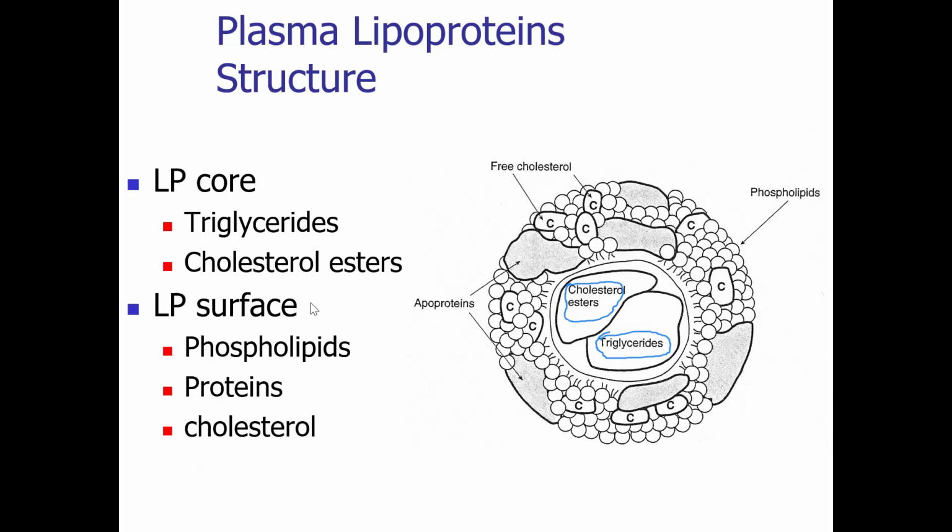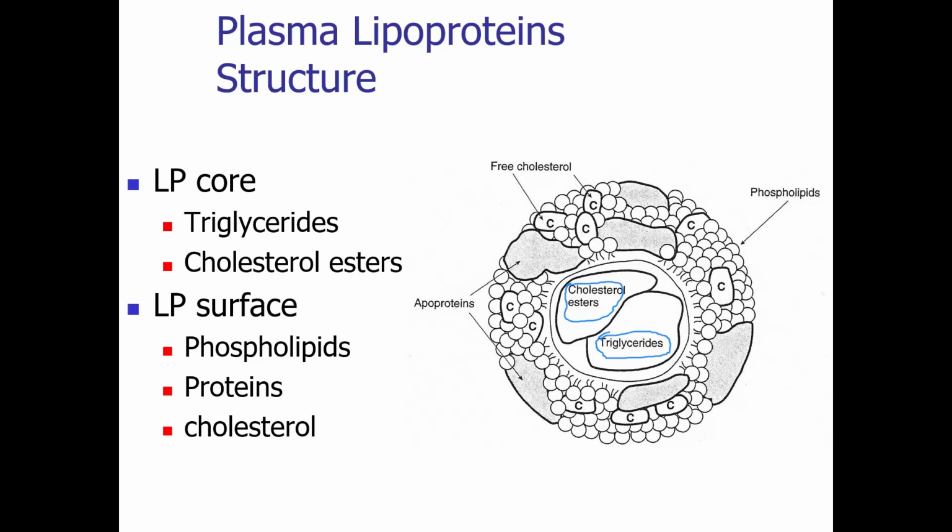Then after this, the surface of the lipoproteins is made of phospholipids, proteins, and cholesterol, and of course, that is what makes them soluble, because of the nature of the biomolecules on the surface, which comprises phospholipids, proteins, and cholesterol.